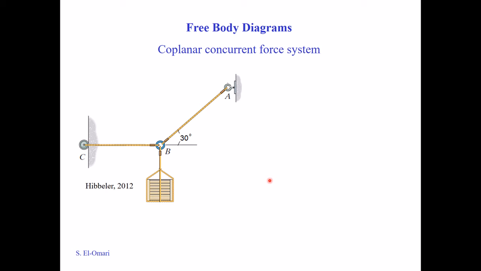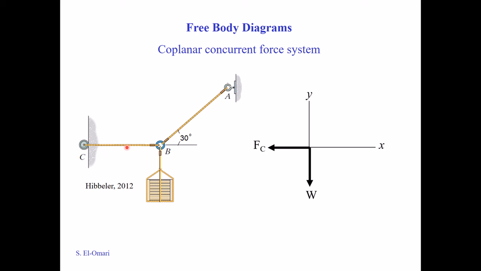So we start by drawing the two axes, x and y, because we're in 2D, and having this point as point B, then we can start by giving the weight of that box and representing that force.